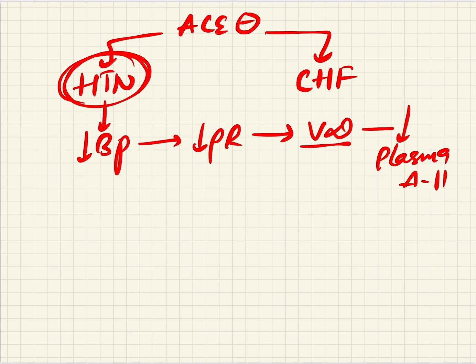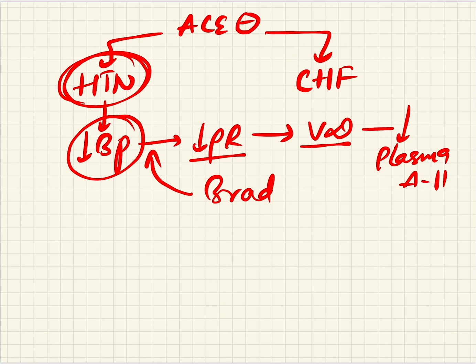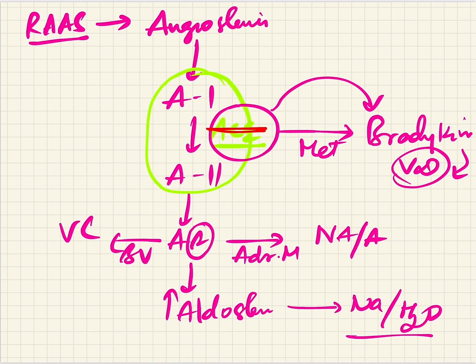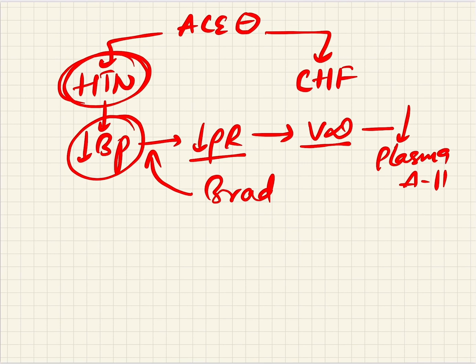And this blood pressure is not decreased just because of decreased peripheral resistance and vasodilation; there is one more reason, bradykinin. We told ACE is an enzyme which is also required for bradykinin metabolism. When this is inhibited, there is no metabolism of bradykinin, and we know this bradykinin is also a potent vasodilator. Now again vasodilation has taken place, again there is decreased peripheral resistance, and again a decrease in blood pressure.